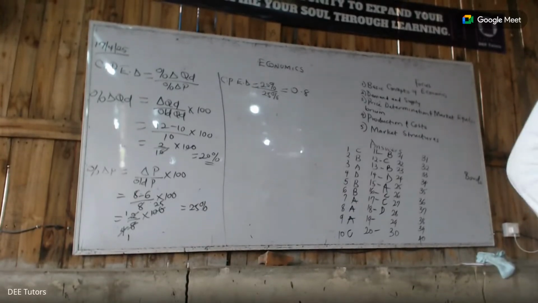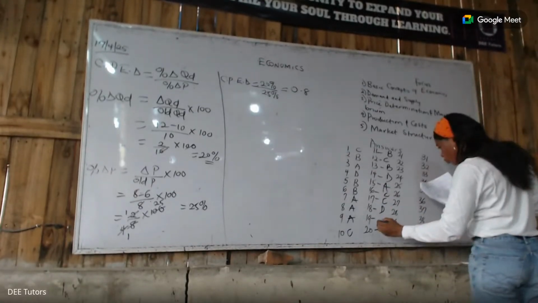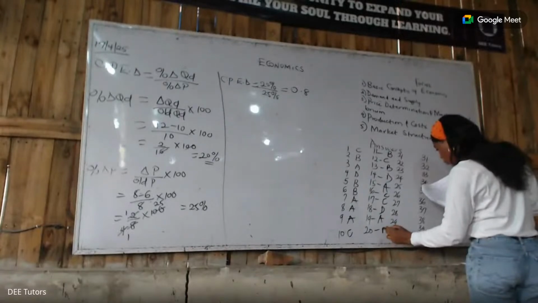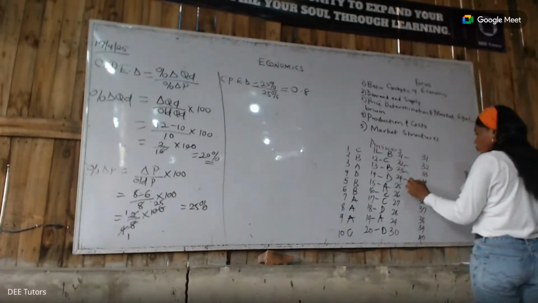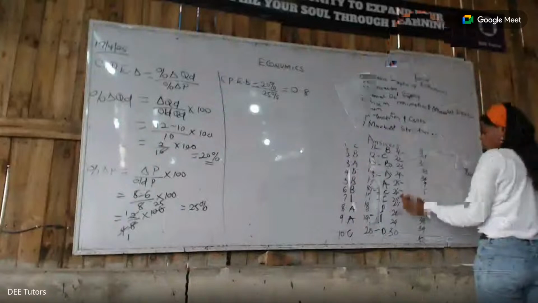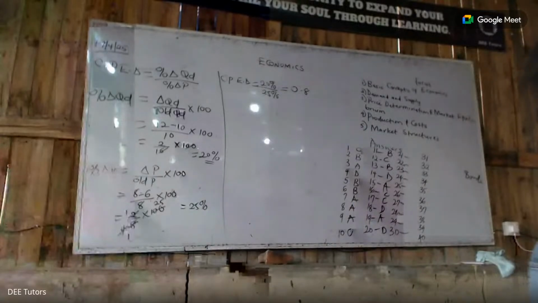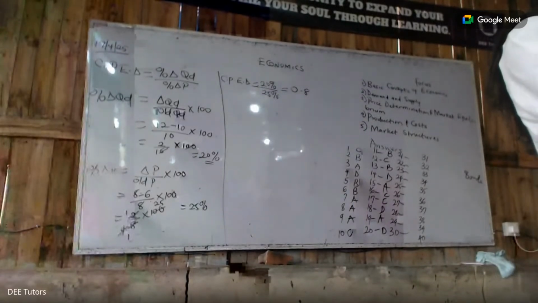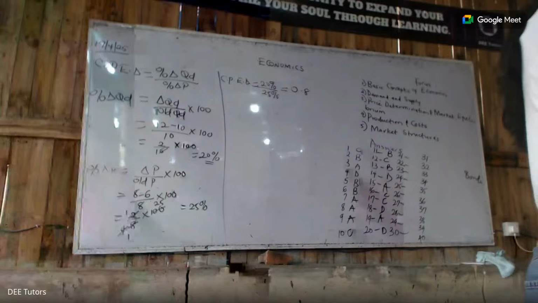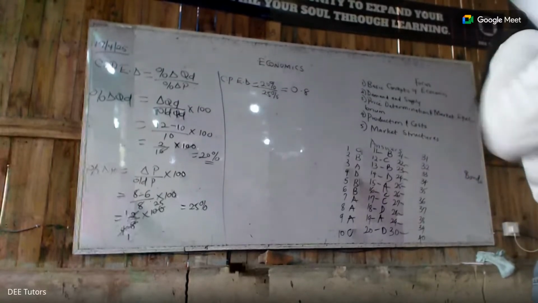Obviously, the answer is D. Number 21. A rise in income will ceteris paribus bring about dash. A rise in income will lead us to change in demand and change in quantity demanded.